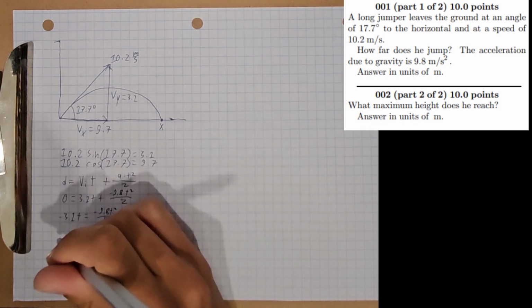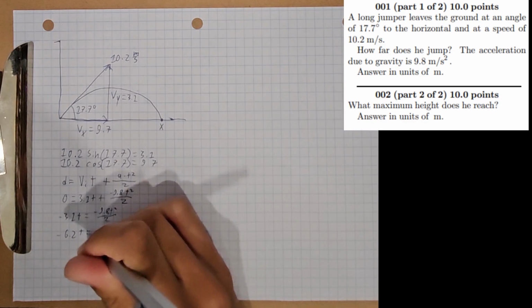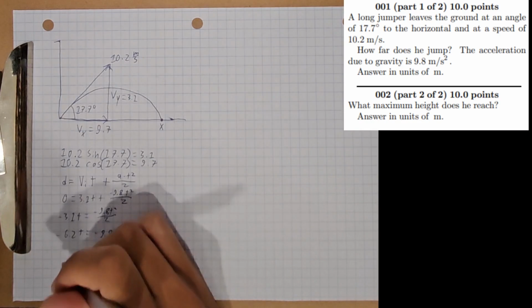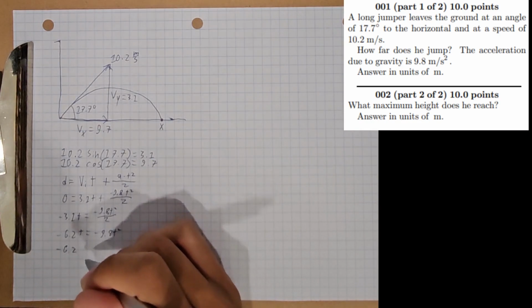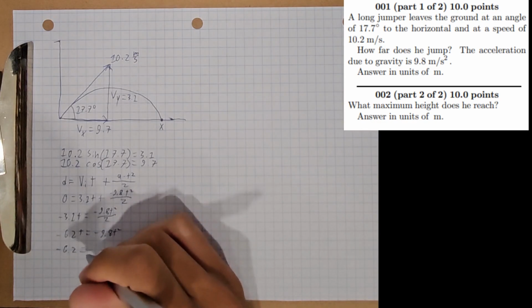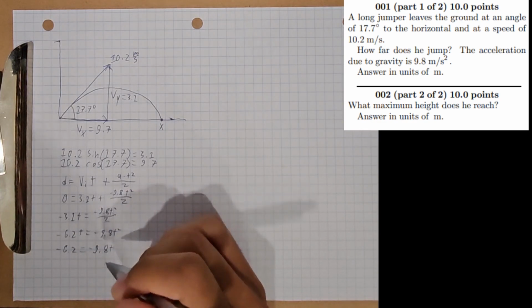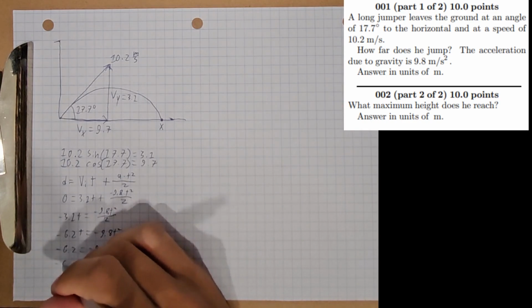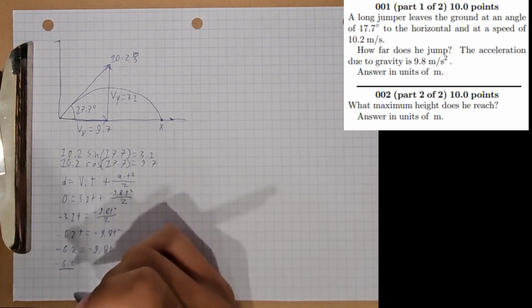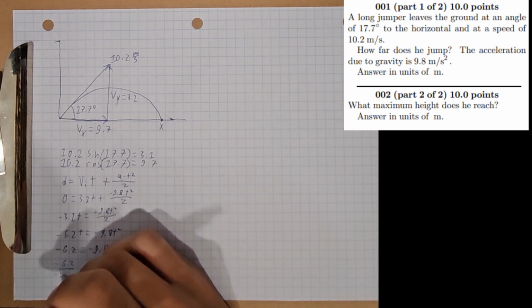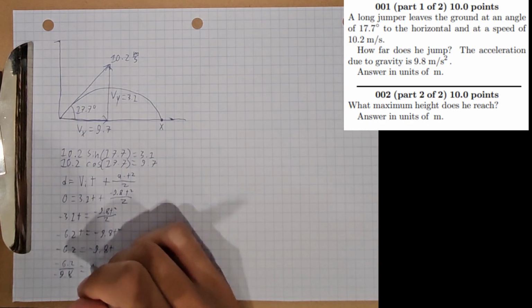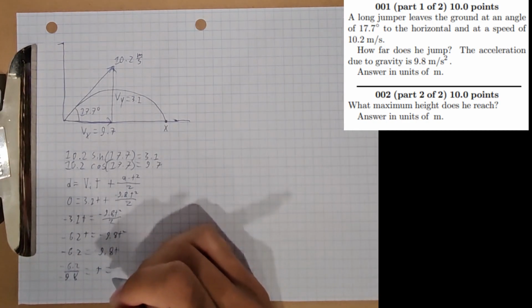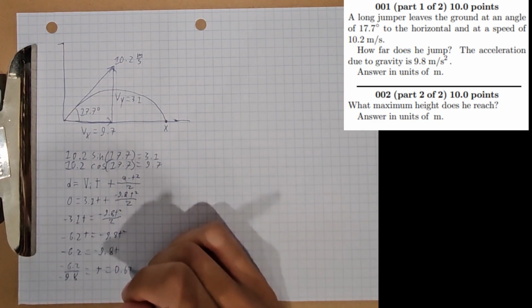Then I can multiply this by 2, so negative 6.2 t. Then divide by t. And then we can divide both sides by negative 9.8. Doing the division, this is going to be equal to 0.63.